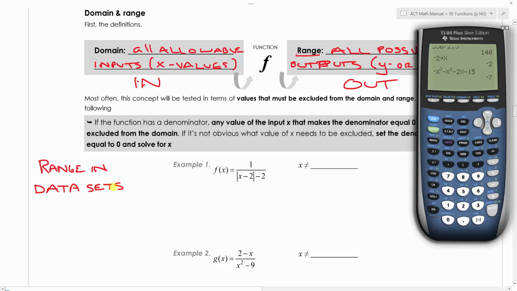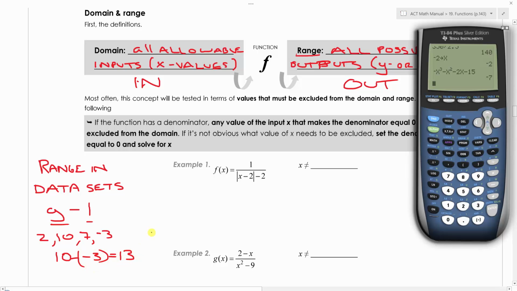So by contrast, a range in a data set is actually the difference between the greatest value and the least value in the data set. So if you had something like 2 and 10 and 7 and -3, so your greatest value is the 10, that's the G. Your least value is the -3, so 10 minus -3. Your range here would be 13.